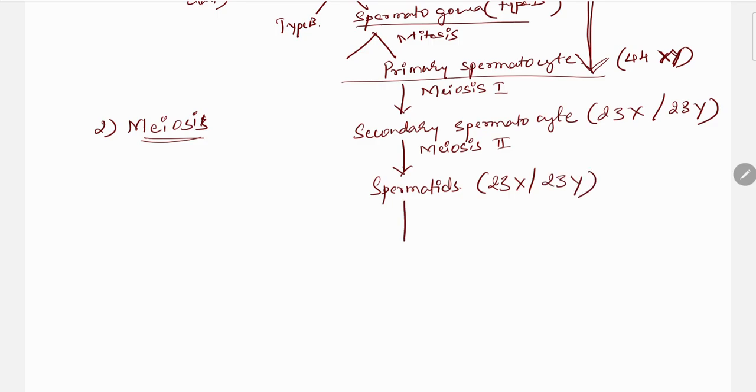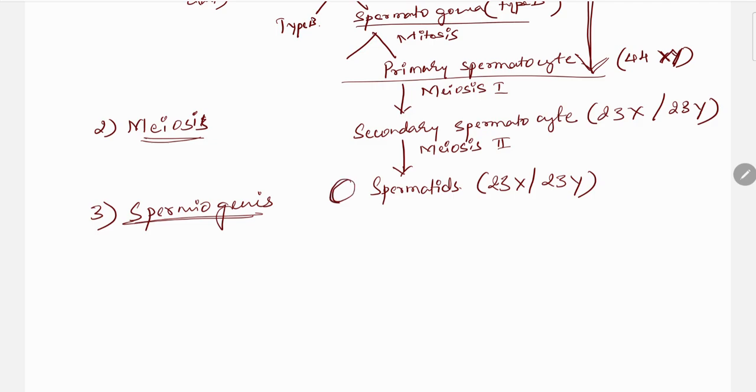After the spermatid, the third process is going to come. This third process is spermiogenesis. What is spermiogenesis? Spermiogenesis is a process of metamorphosis of the spermatids by which they are converted into spermatozoa. See, the cell is like this here.